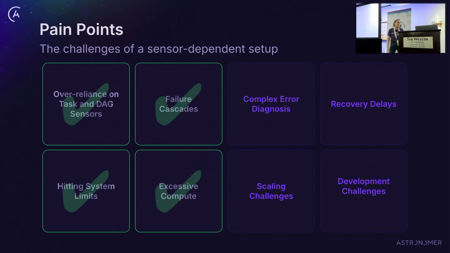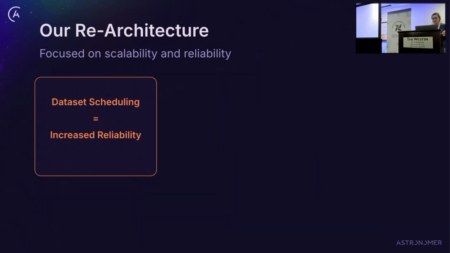And then we no longer have this cascade of failures. If one sensor breaks down, it doesn't trigger everything to fail below it. And to clean up, I just need to get that one failed data set to run, and it'll naturally clean up what's below it. So data set scheduling made our pipelines a lot more reliable. We no longer had timeout issues from sensors and all that jazz.